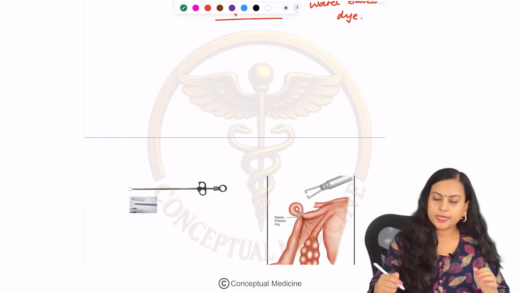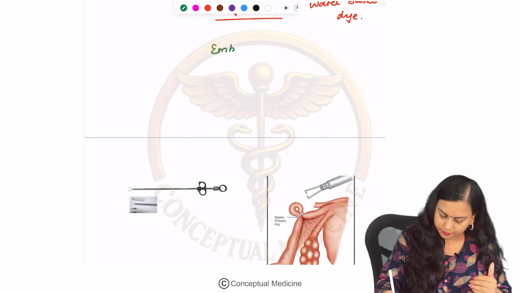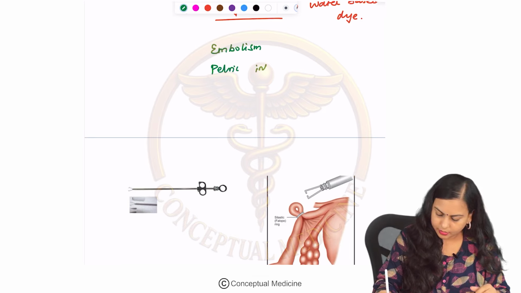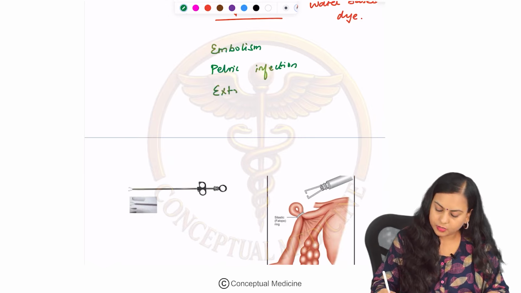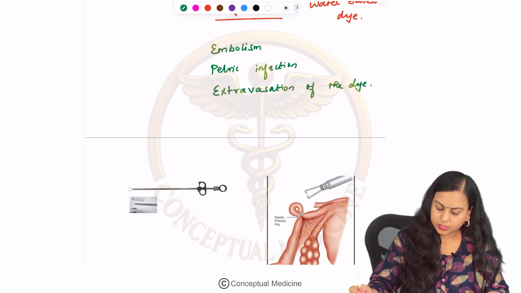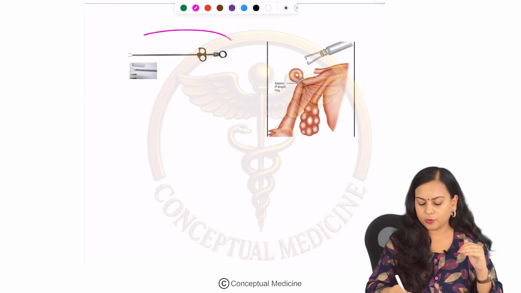The complications you can expect in an HSG include embolism or pelvic infection, or there can be extravasation of the dye as well. Clear? Yes.